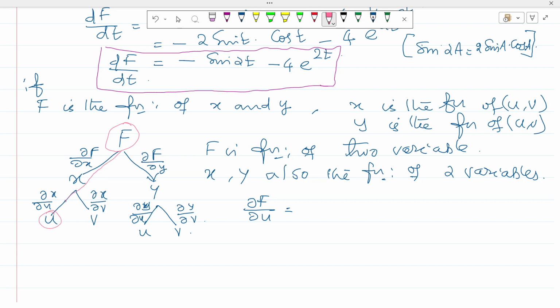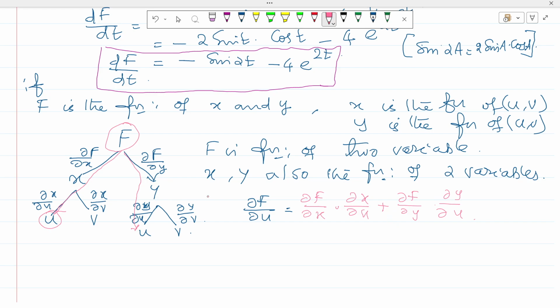Through this way also I am coming to u, through this way also I am coming to u. So what are the possible partial derivatives in the way? Either dou f by dou x into dou x by dou u plus dou f by dou y into dou y by dou u.